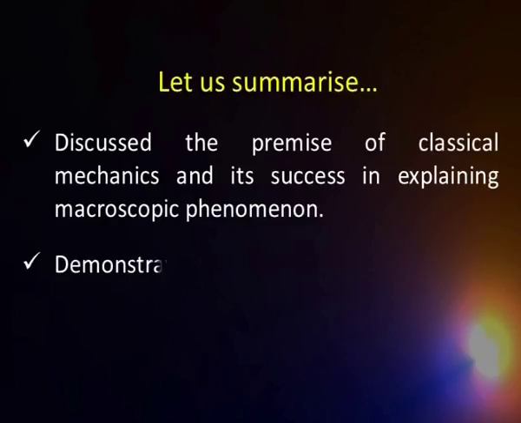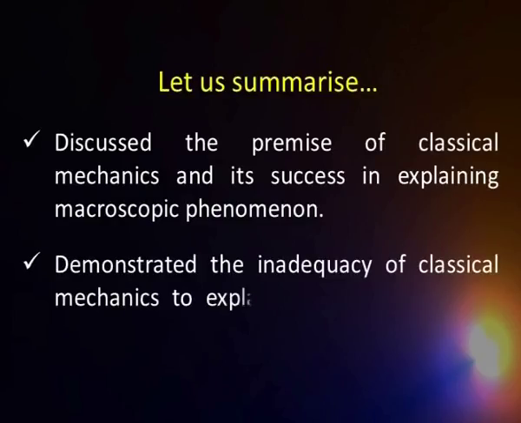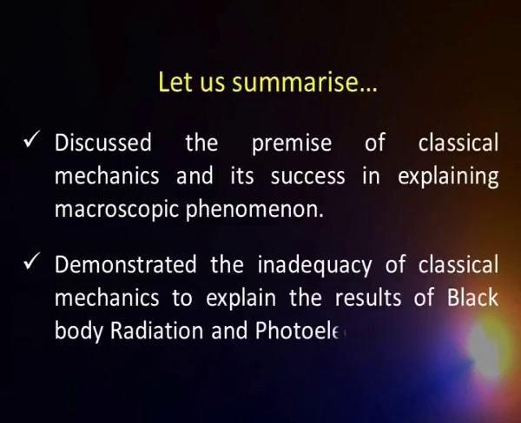On the basis of these 2 experiments, we have seen that the experimental observations and the theoretical predictions from classical mechanics do not match. That means classical mechanics happens to be inadequate in explaining the results of these experiments.